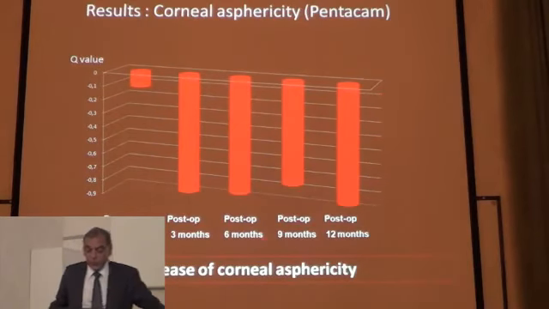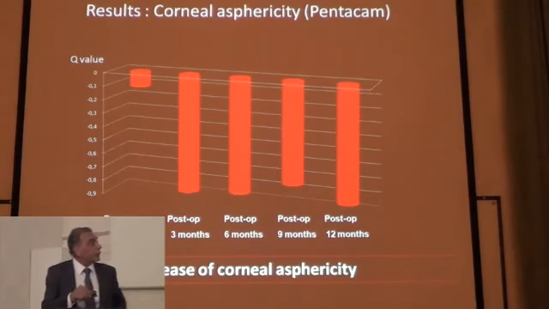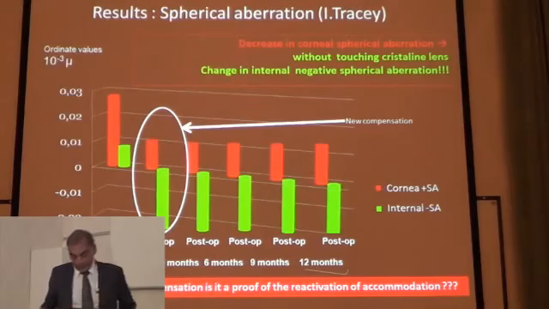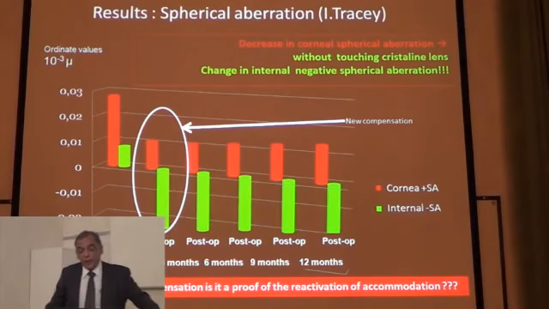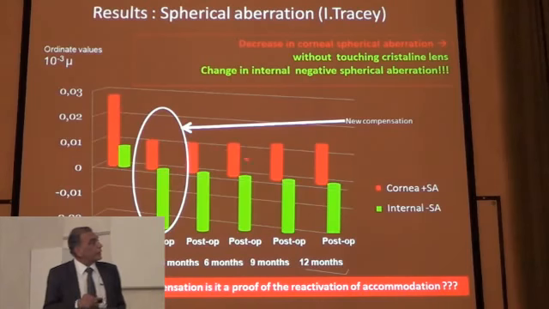What we get, of course, most of the time is an increase of corneal asphericity, like -0.80. But the most interesting is that diagram. After increasing asphericity, we decrease the corneal spherical aberration. And you can see we decrease the corneal spherical aberration. It's normal, it's what we want.